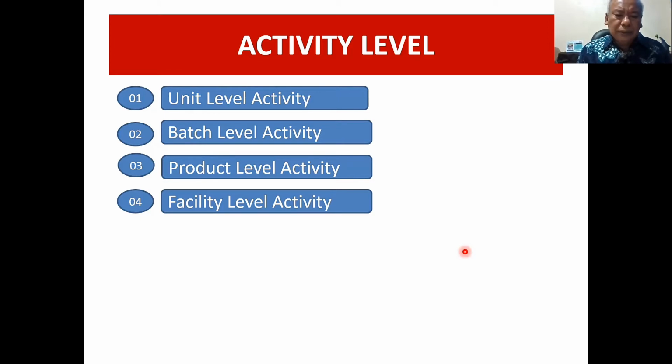The fuel is not influenced by the number of passengers, but by the number of flights, because the fuel for one flight, for example from Padang to Jakarta, is the same whatever the number of passengers.